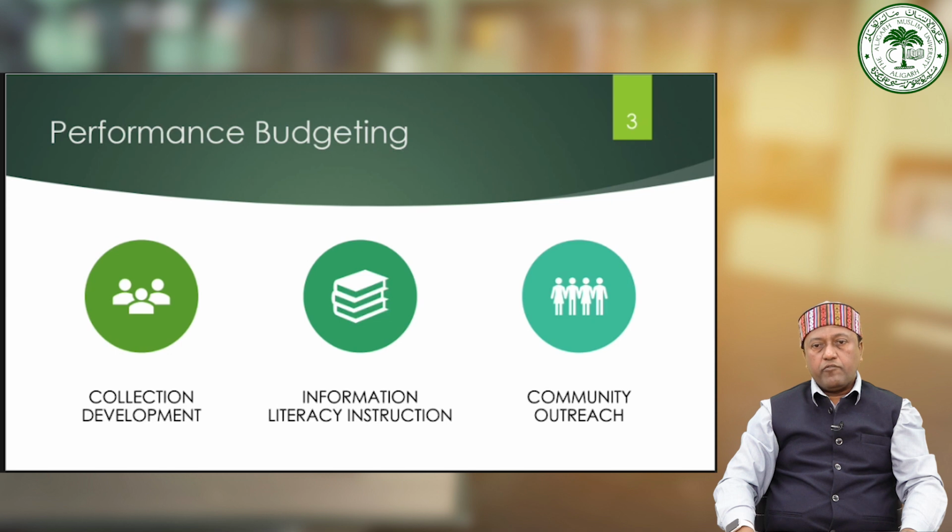A library might focus on allocating funds based on the expected outcome of specific activities. To implement performance budgeting, libraries need to systematically accumulate quantitative data on all activities over a specified period.